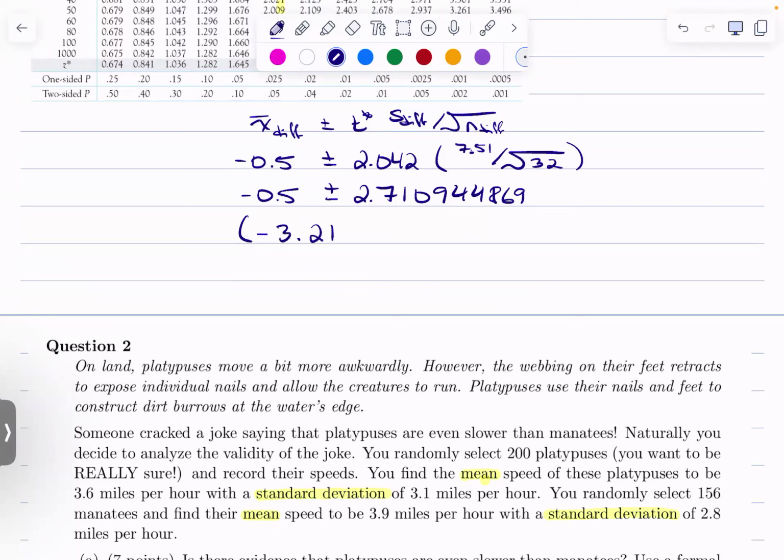I'll go to 3 decimal places. And negative 0.5 plus that puts me at 2.661 to 3 decimal places. Because I don't want to write all those out.